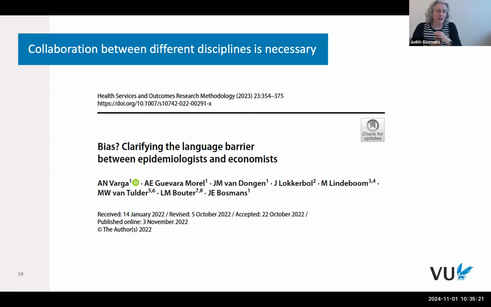So I would advise you, if you want to analyze the cost effectiveness of an intervention using real world data, that you look for collaboration with, for example, econometricians, but that you also realize that there may be huge language differences between the disciplines that you need to resolve first before you can conduct a trial.